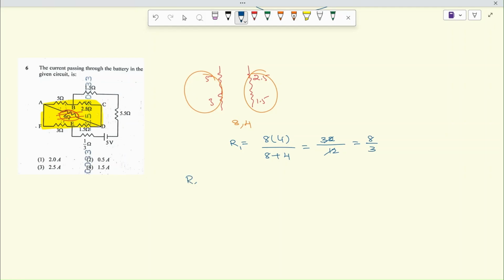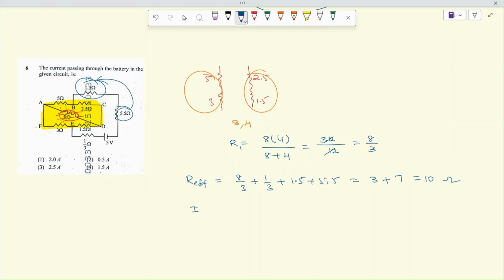So total effective resistance will be how much? This 8 by 3 plus this one 1.5 and 5.5. This total is 7 series, and here 1 by 3 is there. Let's write everything. 1.5 plus 5.5, which is 8 by 3 plus 1 by 3 is 9 by 3, which is 3, plus 1.5 plus 5.5 is 7, totally 10 ohms.